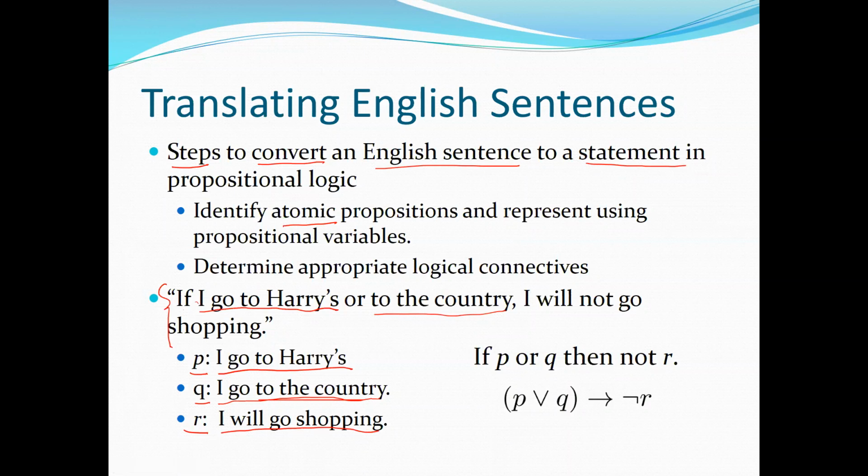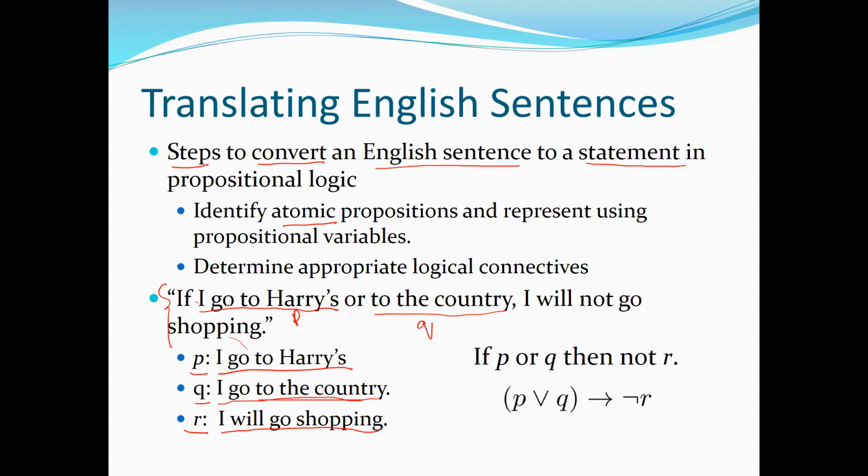So how can I now write this sentence as a proposition? I have three variables now, P, Q, and R, and they convey some meaning. P represents I go to Harris, Q represents I go to the country, R represents I will go shopping. And the sentence is, if I go to Harris or to the country. You can see P represents I go to Harris, Q represents I go to the country.